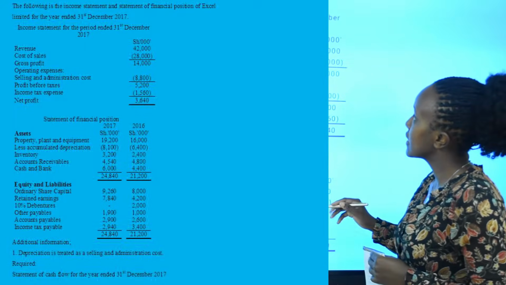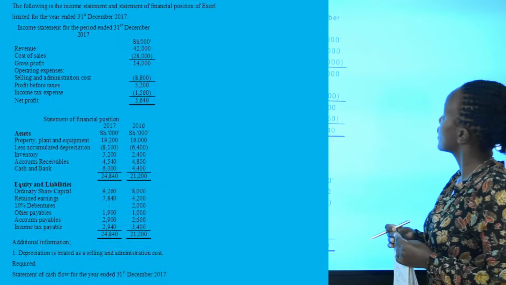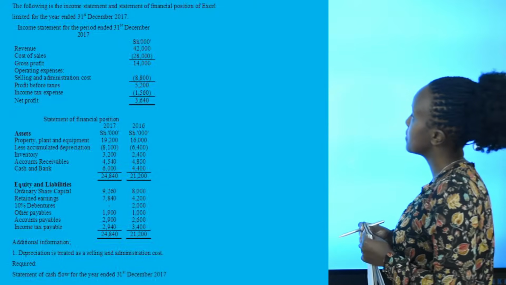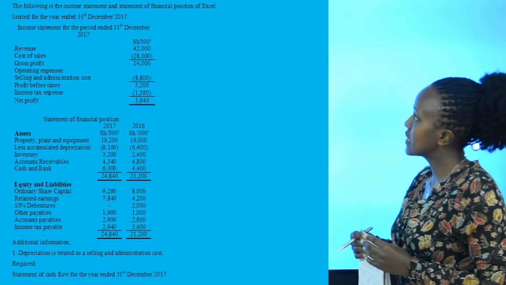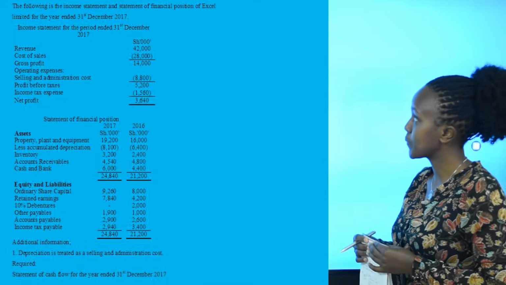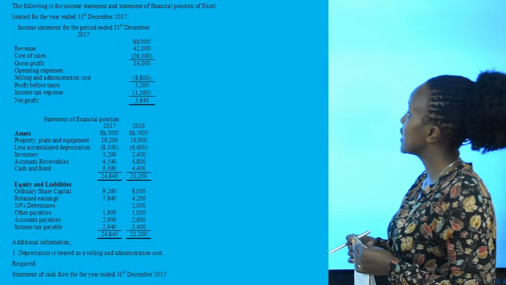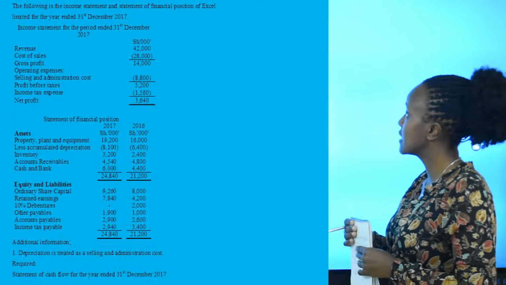The following is the income statement and the statement of financial position of Excel Limited for the year ended 31st December 2017. The income statement for the period ended 31st December 2017 is given there.